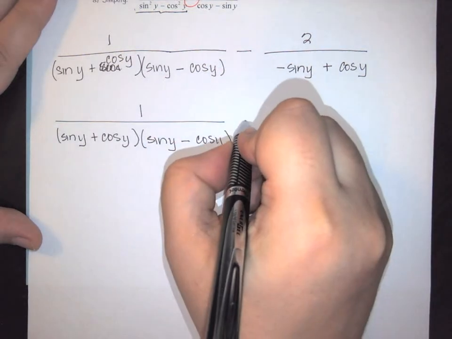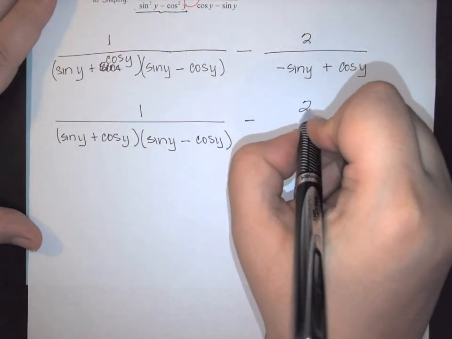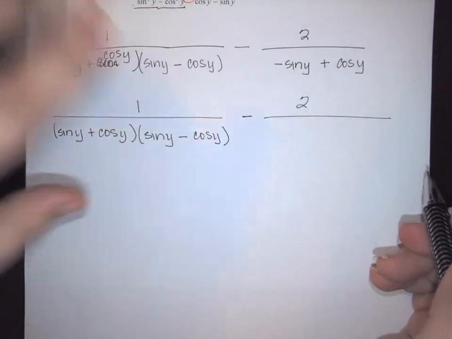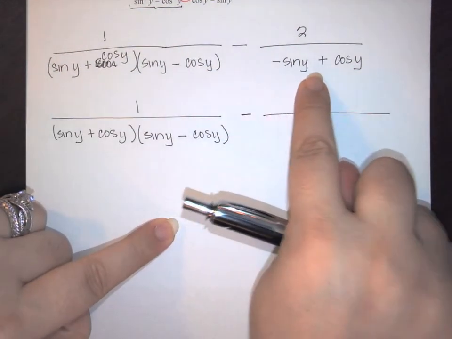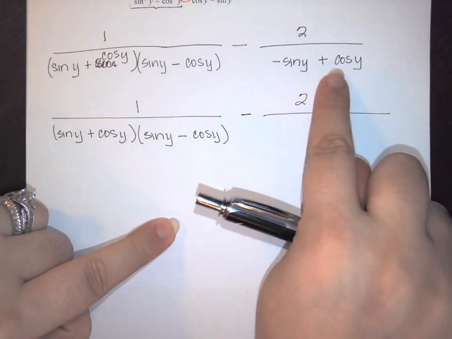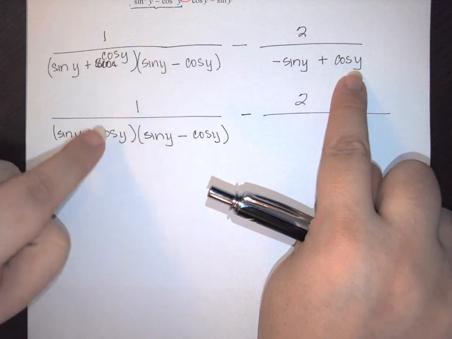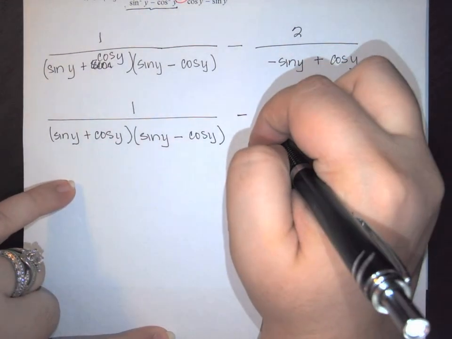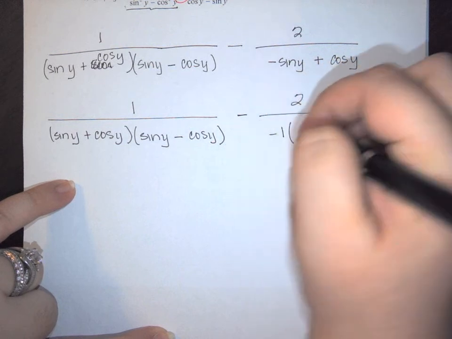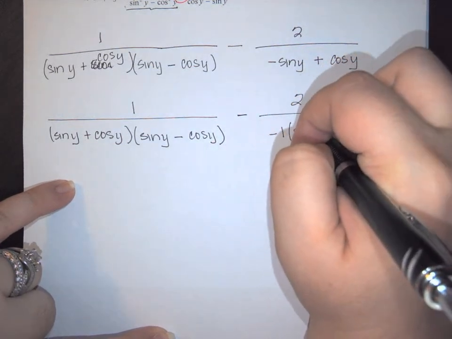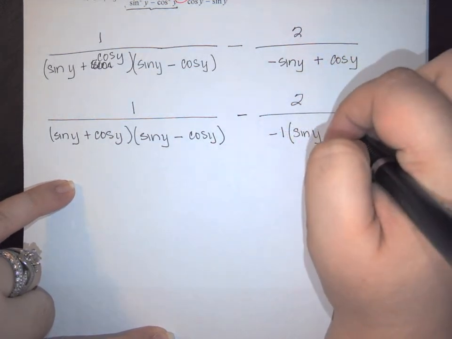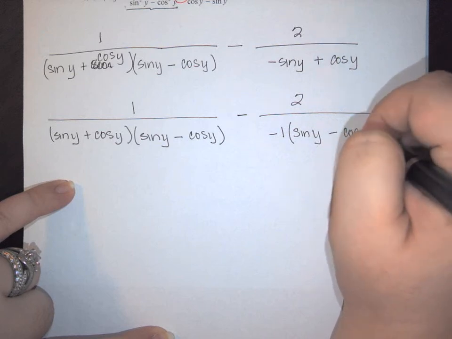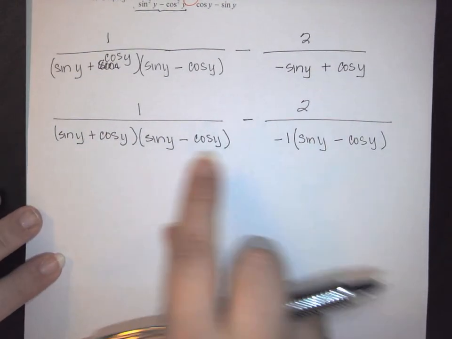And then I still have the minus here, and it's 2 on top. But notice negative sine plus cosine is very similar to one of my denominators here. So I'm going to pull out a -1, which is going to change this to being sine of y minus the cosine of y. So I hope you're starting to see what we're trying to do.